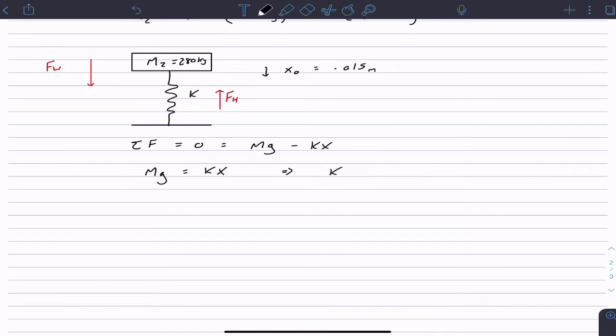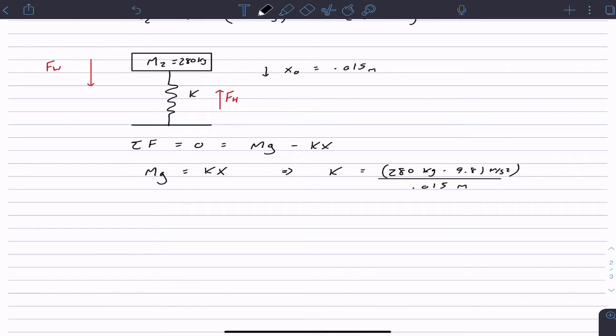That leads us to a spring constant of x over 280. Oops, that's wrong, sorry. Some bad algebra there. So we have 280 kilograms times 9.81 over 0.015 meters. Cool, so that gives us a spring constant that we can use.